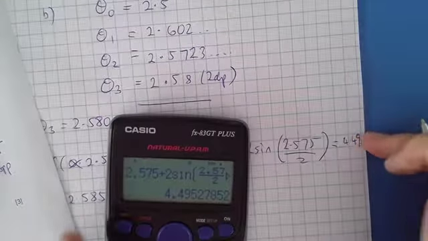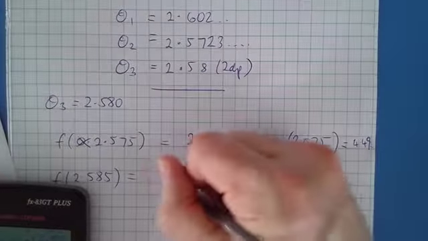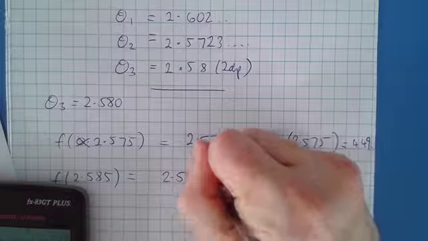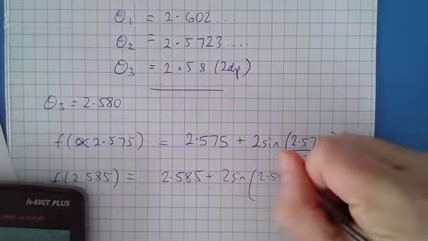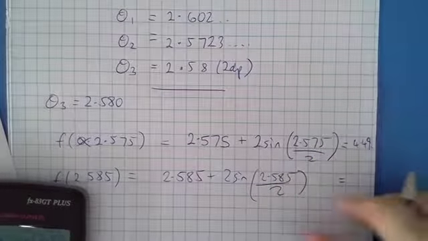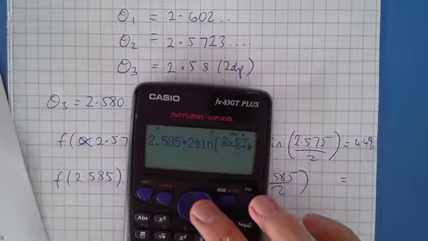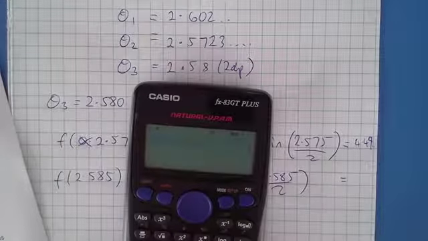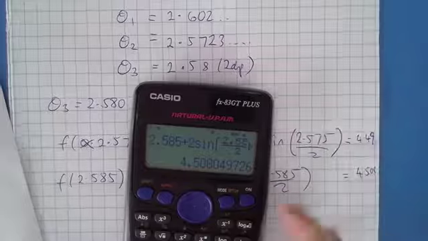If you wanted to, you could maybe take the 4.5 over, but there'd be no need to do that. And then the same here, again, show what you're doing, just make it really nice and obvious to the examiner so you can start picking up those marks even if something's gone wrong. So 2.585 there over 2. So I just need to change out my calculator, delete, and bring him over here. And look, it's gone just above 4.5, 4.50 and so on.